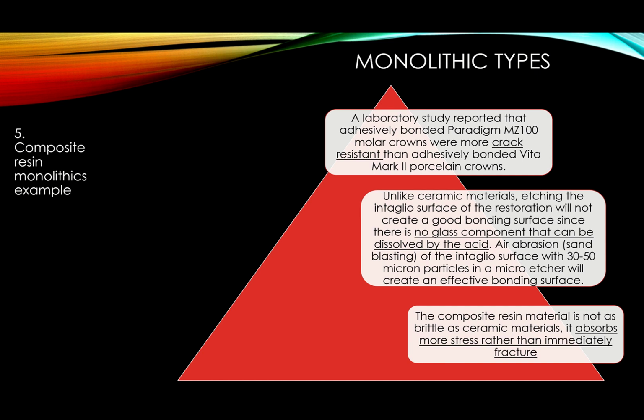Even if it says in the content that it has a little bit of glass, the matrix itself is composite, so there's not enough glass to be etched. So chemical etching doesn't apply to this, but you can mechanically etch it by airborne-particle abrasion or sandblasting. It absorbs more stress rather than fracturing immediately, because it's more of a composite. You think of it as a composite material, not as a high glass material.